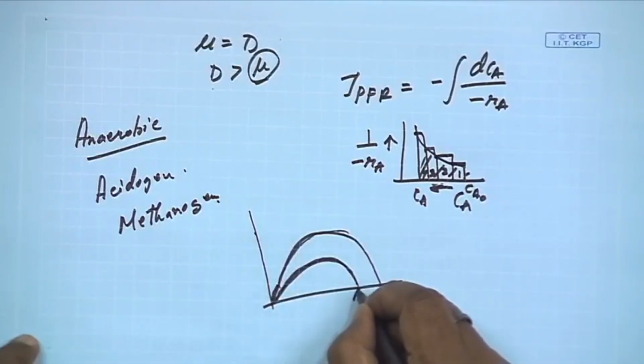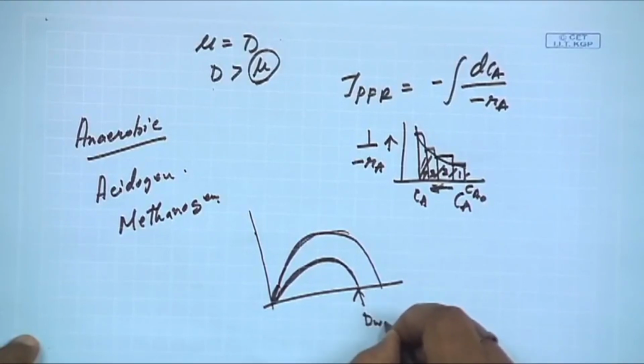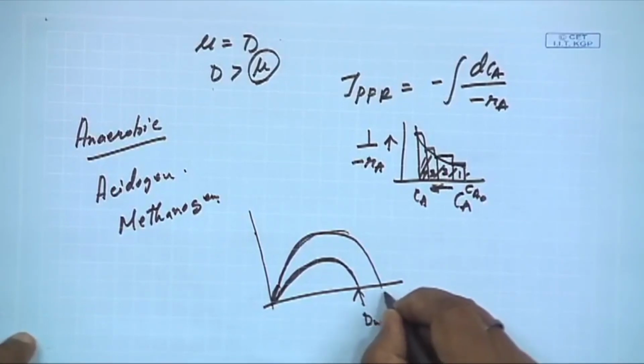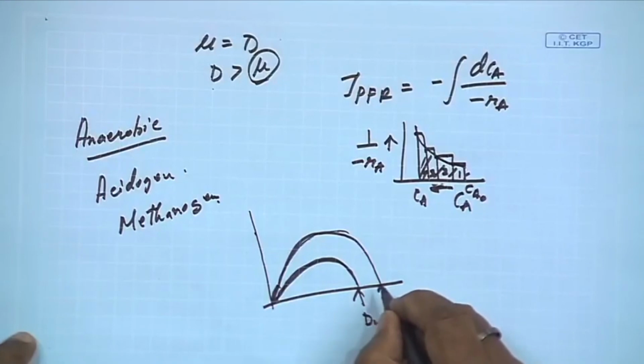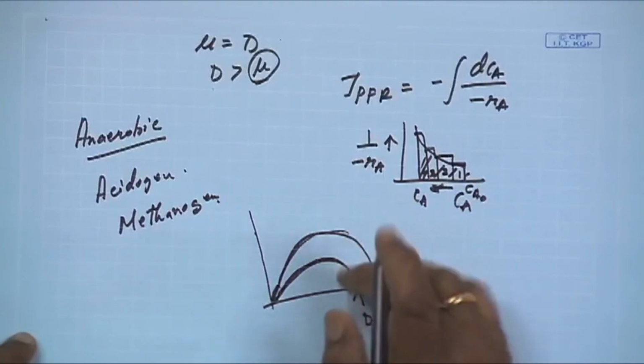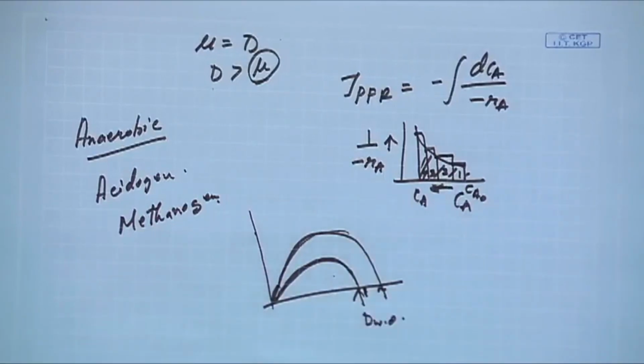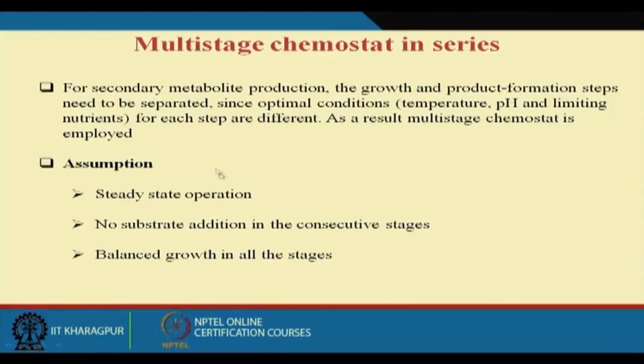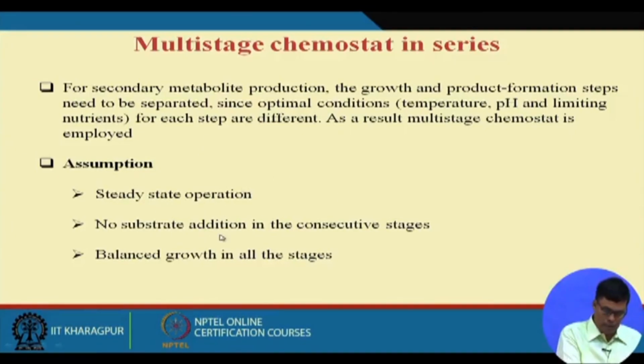Here this is D washout for methanogens, and this is D washout for acidogens. If you use a very high dilution rate, then the methanogens will be totally washed out from the mixed culture. So this is another advantage: with the help of dilution rate we can do this.